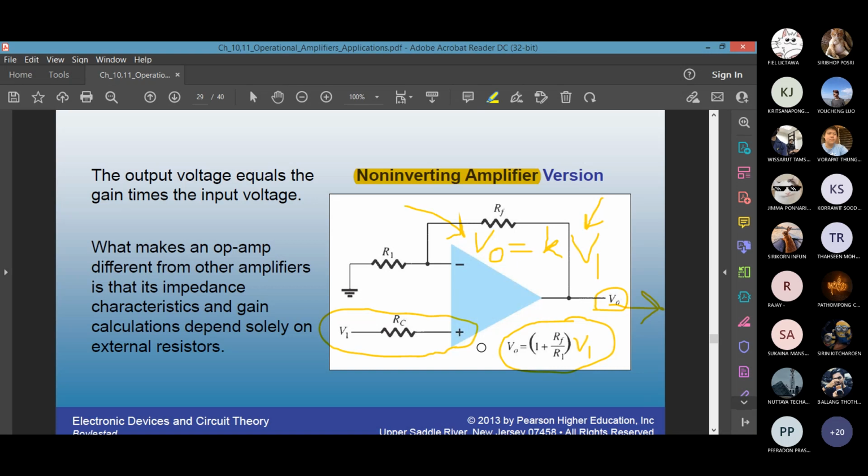Can you have an inverting op-amp version of a voltage controlled voltage source? Of course you can. What is the usefulness of this one? Why would you need a non-inverting voltage controlled voltage source?